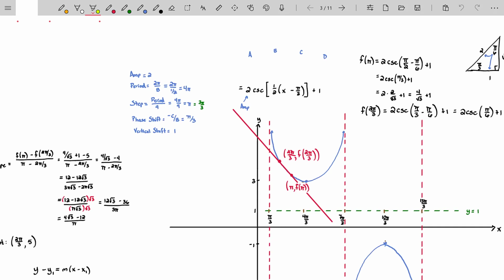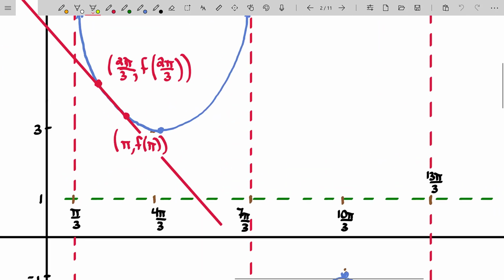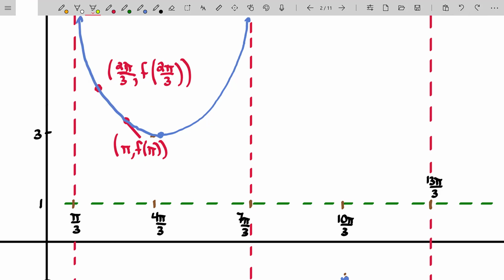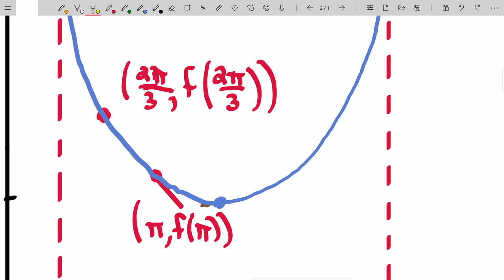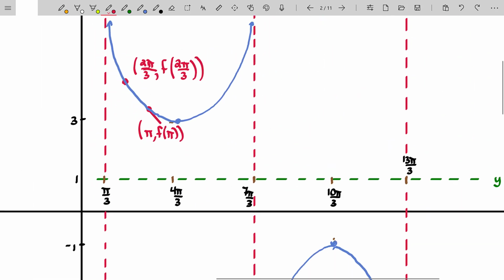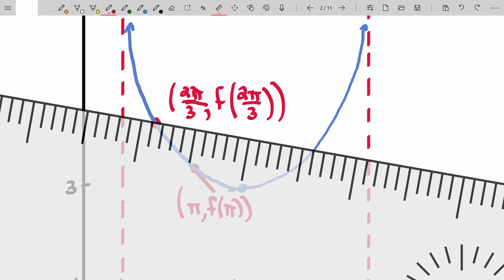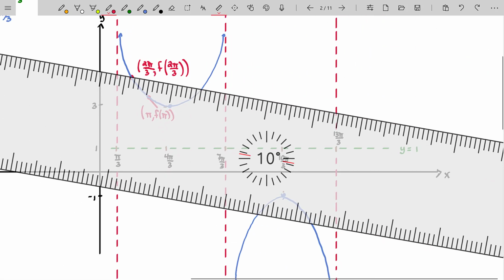So if I hop back just to showcase what I'm talking about, I'm really stating that rather than having, oops, I didn't mean to erase all that, but rather than having a secant line connecting 2 pi over 3 comma f of 2 pi over 3 to pi comma f of pi, let's suppose that we instead have a line connecting that 2 pi over 3 comma f of 2 pi over 3 to any other arbitrary point on the curve. It actually doesn't even need to be on this branch. It could be on the branch way down here.